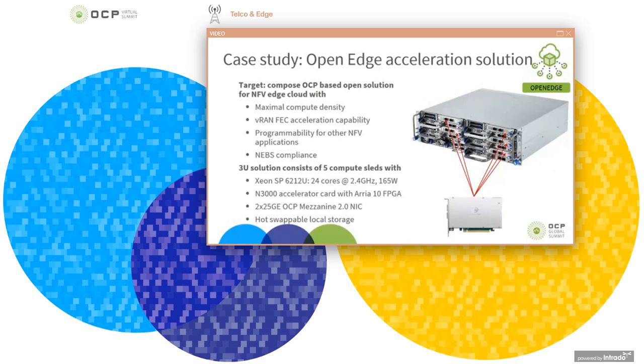As said earlier, the 3U example solution here consists of 5 1U servers with the configuration where we have a Xeon-based CPU with 24 cores and 165 watt TDP, N3000 PCIe acceleration card, 2x 25 gig OCP mezzanine NIC, and hot swappable local storage devices.